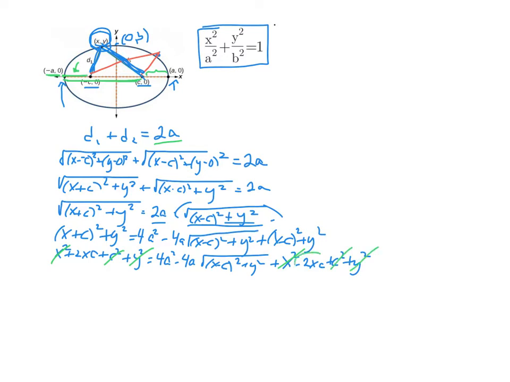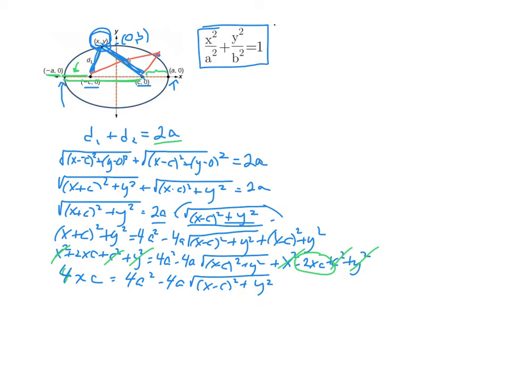And then I can bring this over to the right so that 2xc plus 2xc, not 4x squared, 4xc, is equal to 4a squared minus 4a times the square root of (x minus c) squared plus y squared.